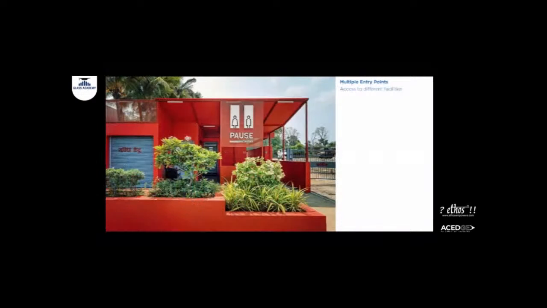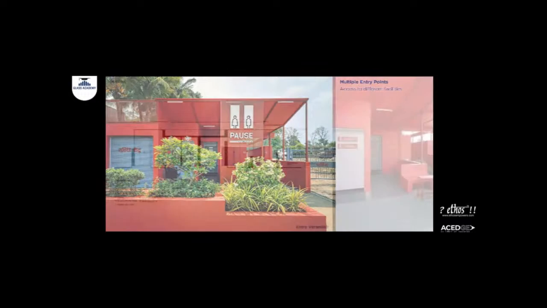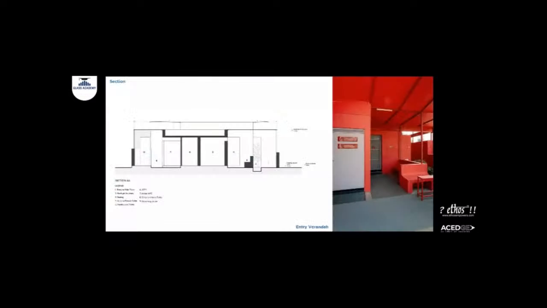So this entry is into the male and female toilet area and handicap area. Yeah, and that's the veranda I was talking about, which is shared between the female toilet and the handicap toilet. And the idea here is that we are referencing these spaces to a lot of domestic spaces that are usually there in the villages, like the space outside the doorstep.